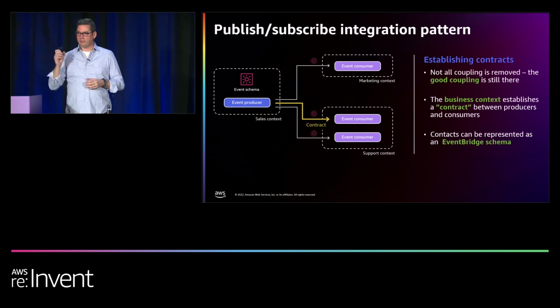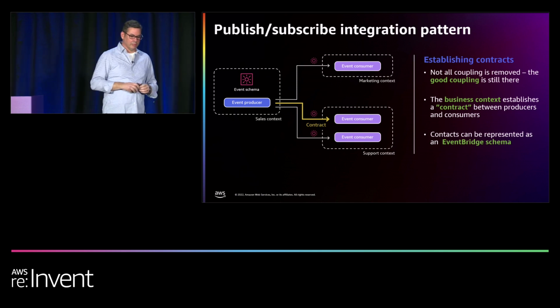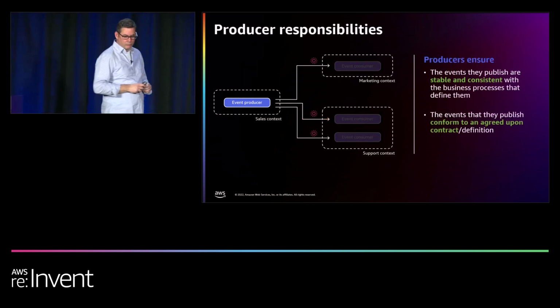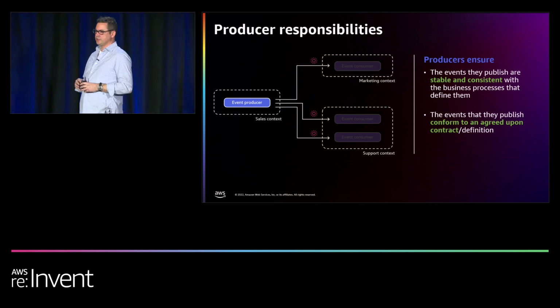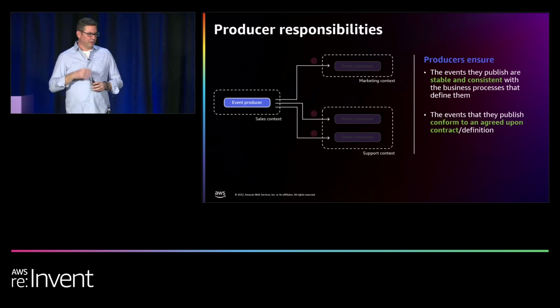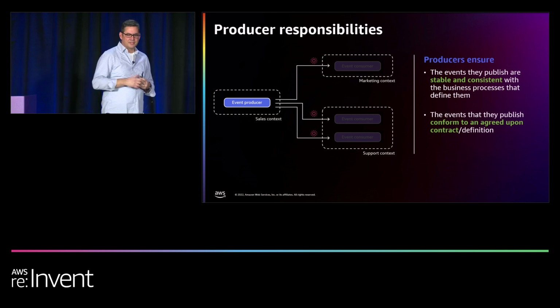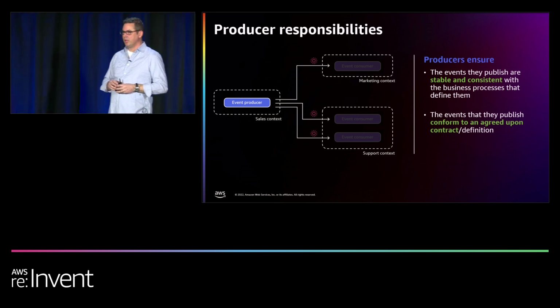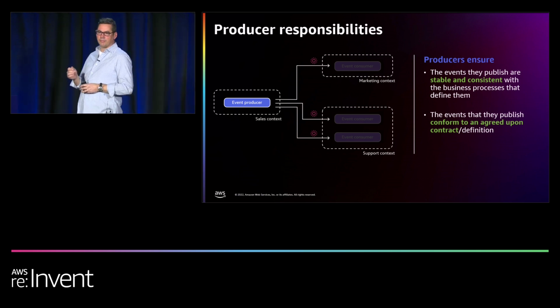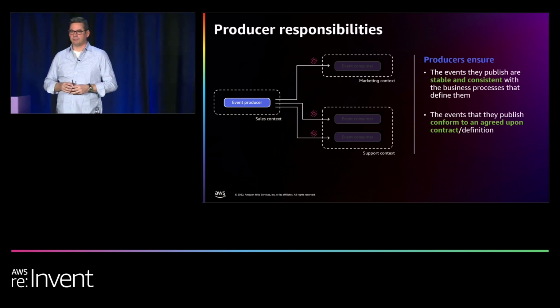And we'll talk about why that's important a little bit later. Now, with a contract established, what then are the producer's responsibilities? Well, fundamentally, a producer makes a commitment to publish what they say they are going to publish. Any deviation from that violates the contract.